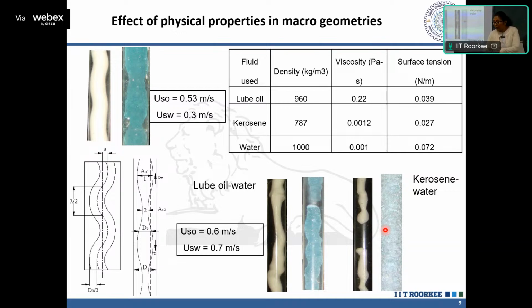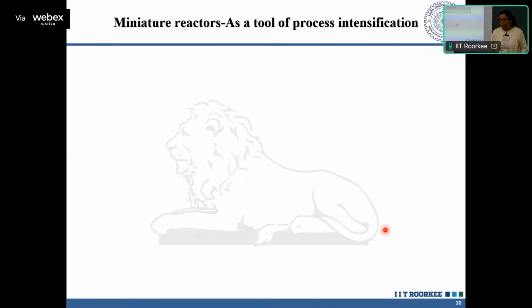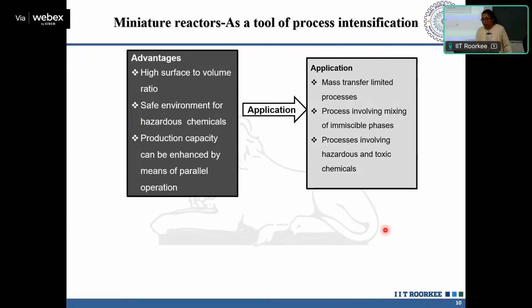So what happened here, we have observed dispersed flow, but that is not observed in this case. Okay, so both the effects of viscosity and the interfacial tension are there in macro geometries. Okay, now let us move to what the course is all about, which is miniaturization.